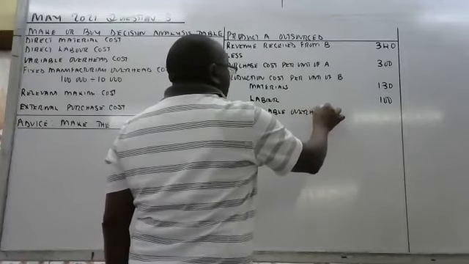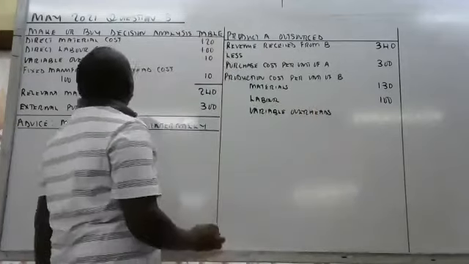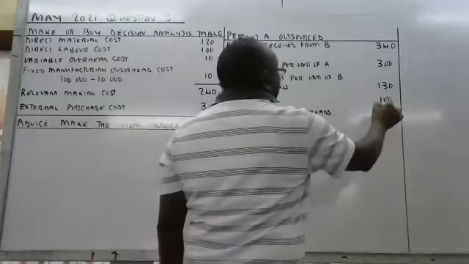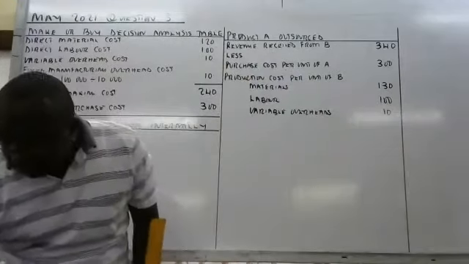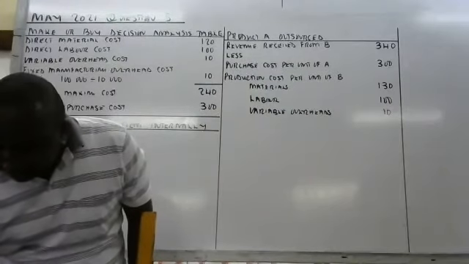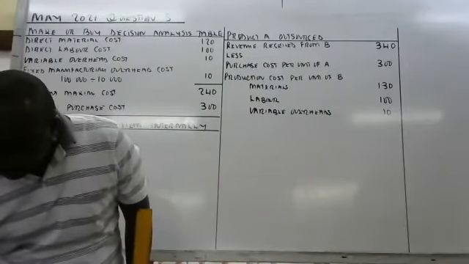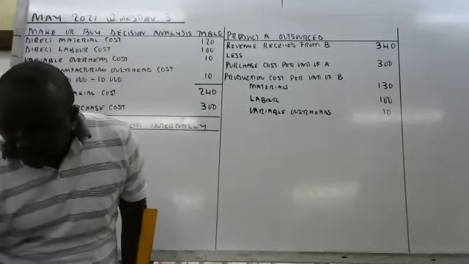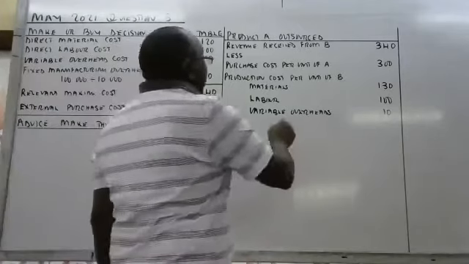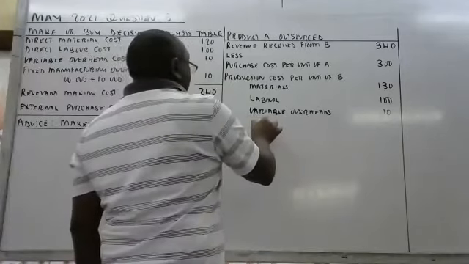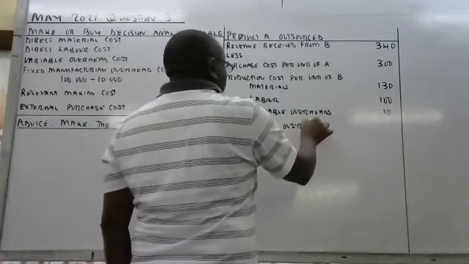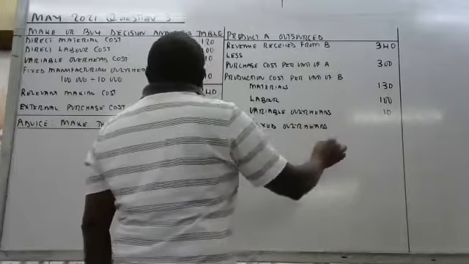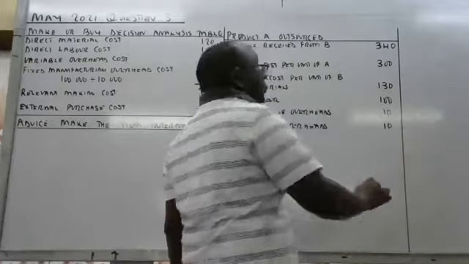We are told that they remain, and the variable overheads, remember, we had 10. And then the fixed overheads will also remain just like it was for A, which is 10 bob.